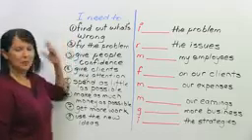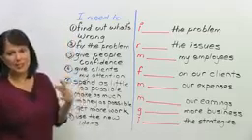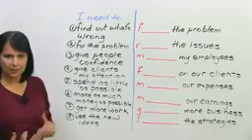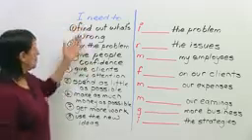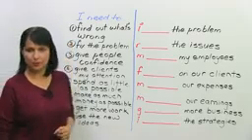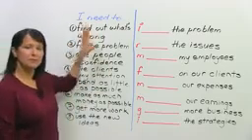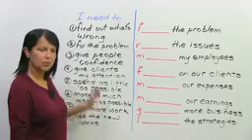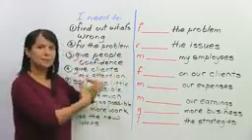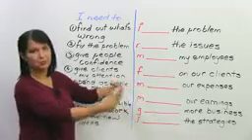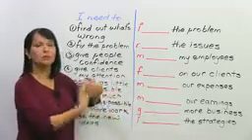Okay, so let's suppose what you want to say in general English or regular English is something like this. I need to find out what's wrong, okay? Now on this side is all the regular English or the general English, okay? And on this side, we're going to express the same idea, but in higher English, in more advanced business English or more professional English.